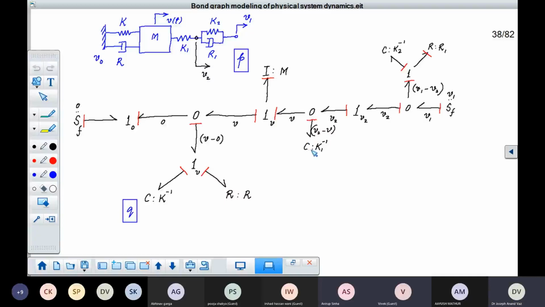But you see what is happening? The spring is determining the effort, and this effort is common in all these bonds. The effort is decided by the spring. If it is a strong spring, it will produce more effort for the same displacement. And this effort is acting on this mass, and also acting on the other side. Is it clear?